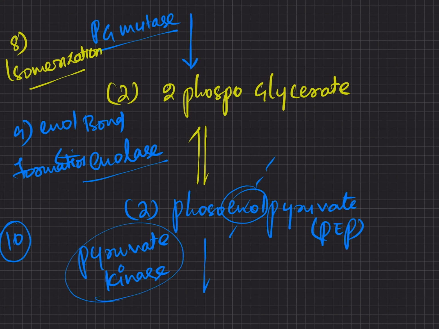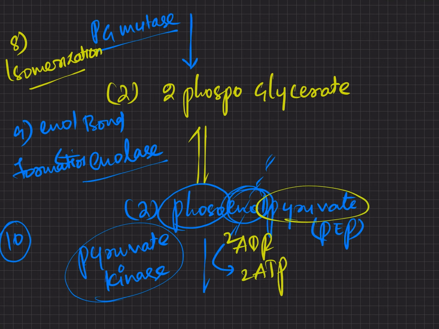So this has broken the bond in this way that enol has gone. Phosphate is removed in the form of ATP. Again, 2 moles of ADP have become 2 moles of ATP. Now finally what is left over? Pyruvate. A 3 carbon molecule, 2 moles, has finally formed as pyruvate in this glycolysis.